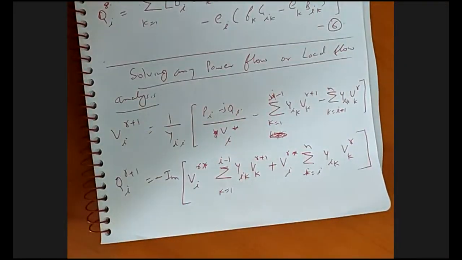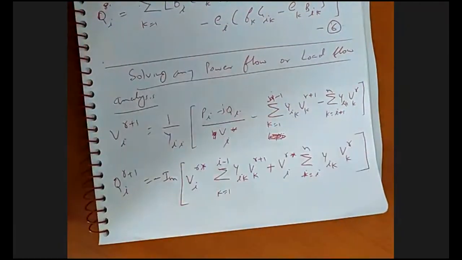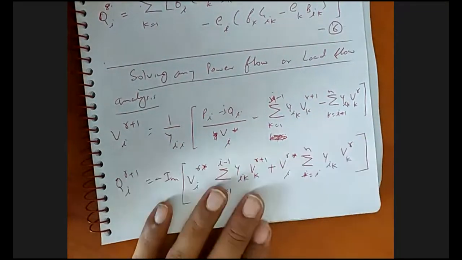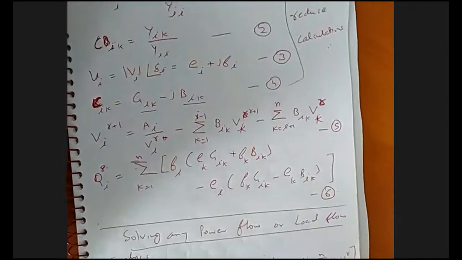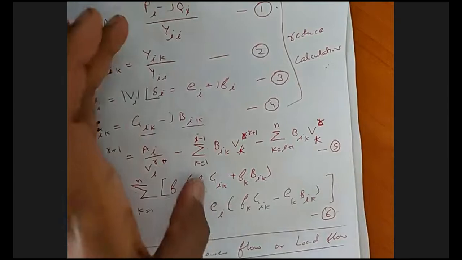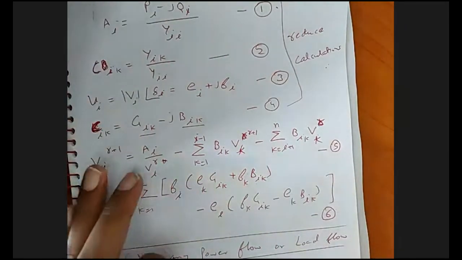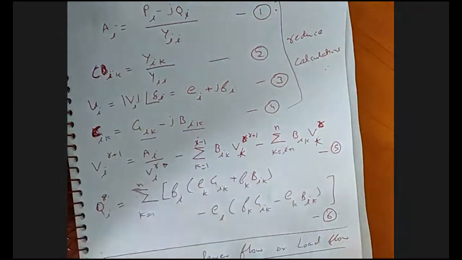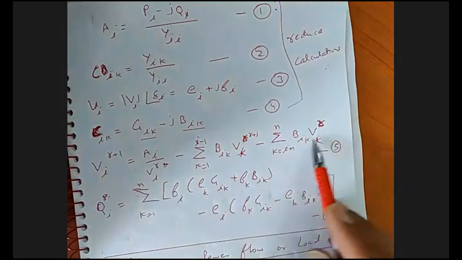These are standard methods. If you want to reduce your calculation task, because when we are performing these on computers we want to reduce our calculation time and memory storage, then these are the methods which will reduce your calculation, because now only some of the terms will change.